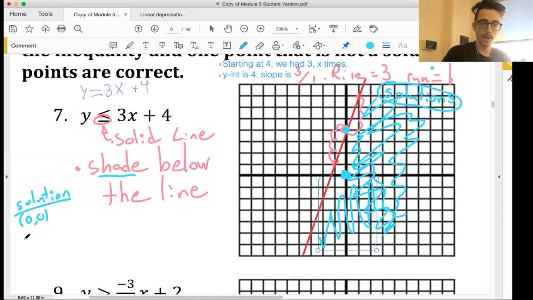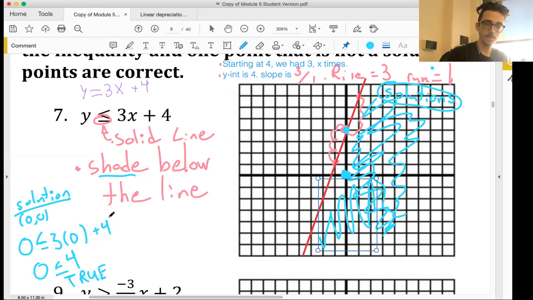We could plug in where y is 0 and also where x is 0. What do you think about this? Eventually, if we simplify it, 0 plus 4 is just 4. Is this a true statement? True, blue. So (0, 0) is definitely a solution.